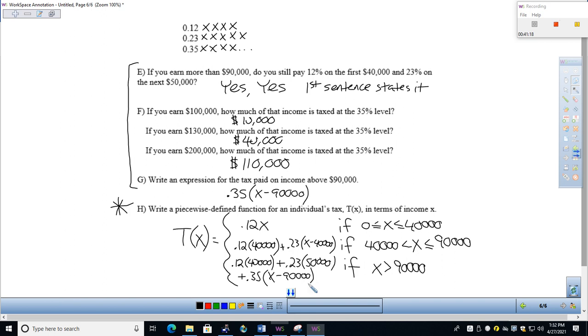And if I gave you any amount of income, you would look at the domain interval and you'd say, it fits this particular domain interval, whatever it would be, and you would know exactly which expression to put it in. Okay. For this, I would actually say, don't simplify these. It's great to see your thought process with this when it's unsimplified. So I'm going to leave it just like that, rather than trying to combine like terms and stuff.